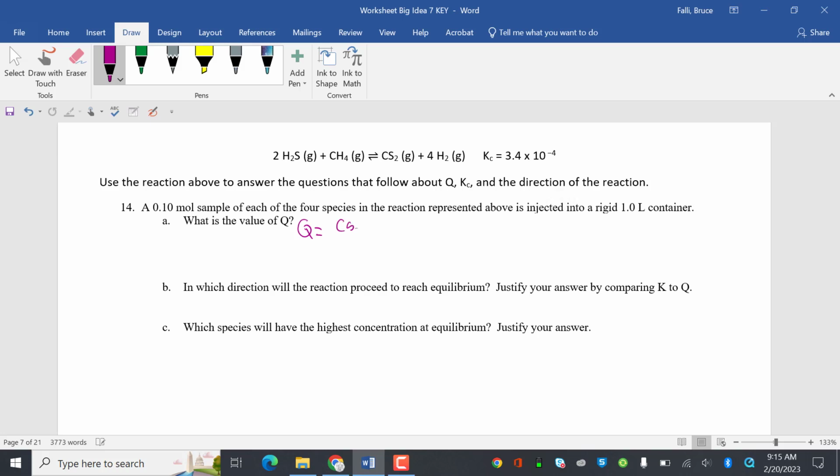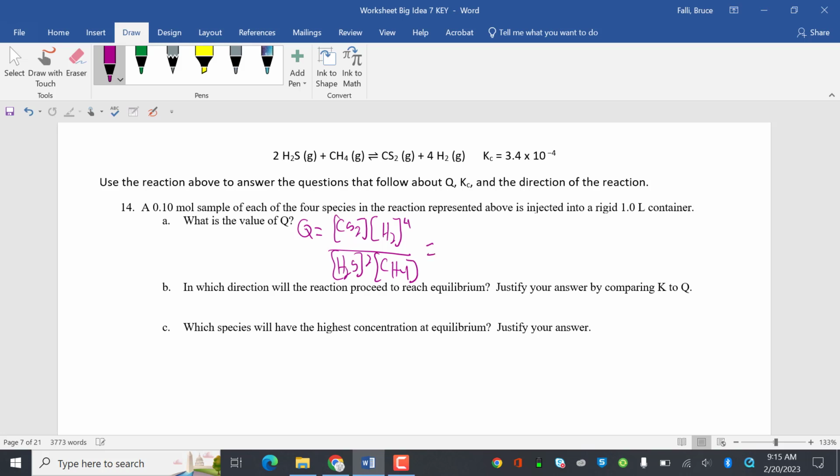Q equals CS2 squared times hydrogen to the 4th over H2S squared and CH4 to the 1st, equals, everything was 0.1, right?